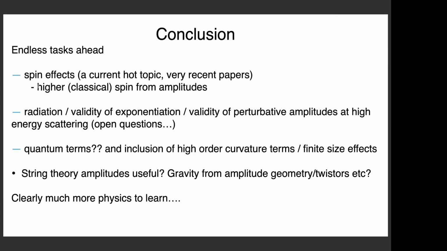It's an interesting question to really solve this problem of deriving classical spin from amplitudes and using it in computation, verifying spinning Kerr black hole considerations. There's also interesting questions related to radiation, validity of the exponentiation formulas or enhancing them to take into account new aspects.